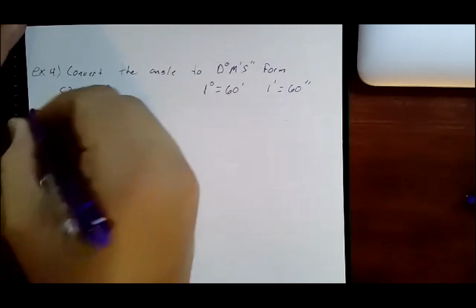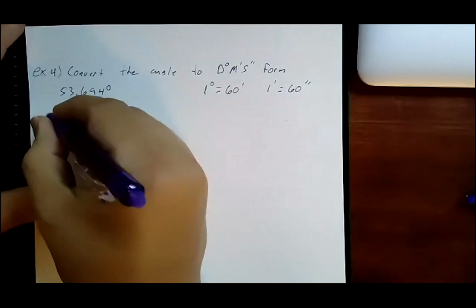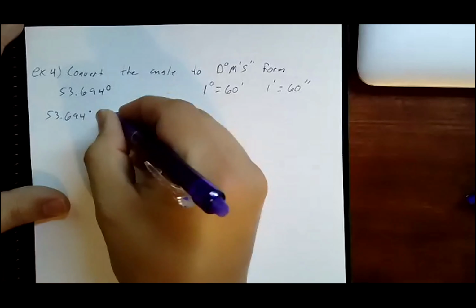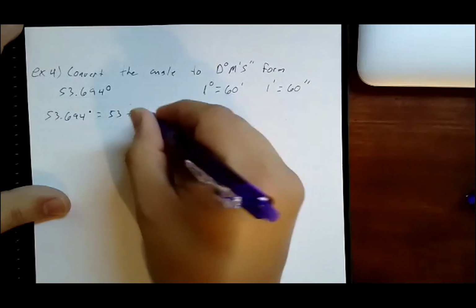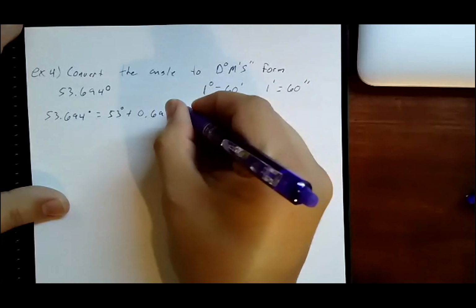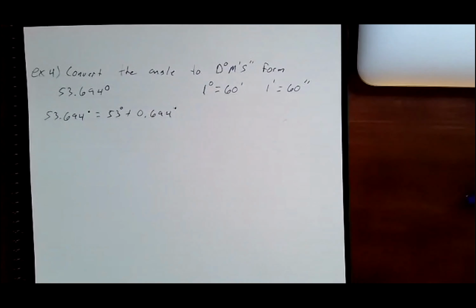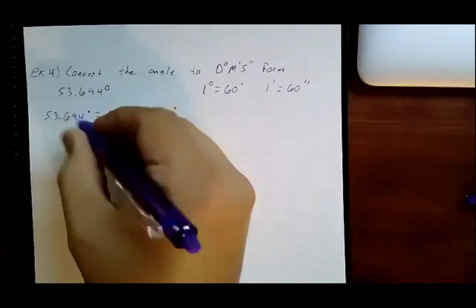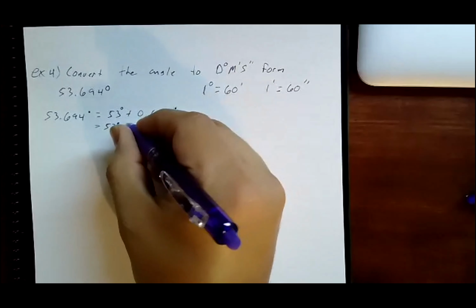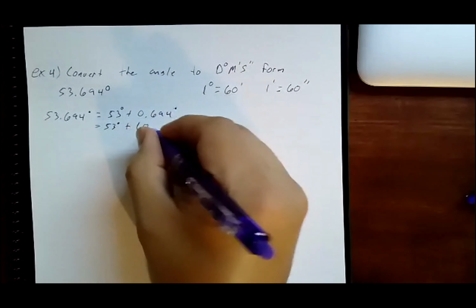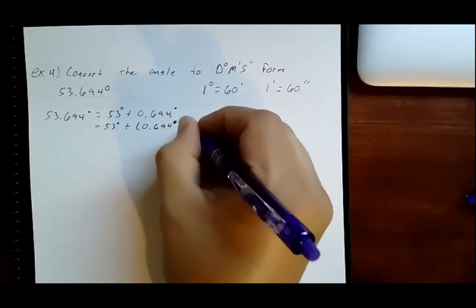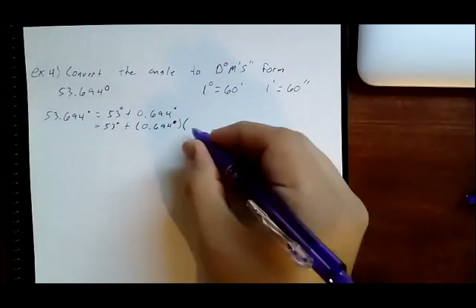Okay. So remember, 53.694 degrees is the same as 53 plus 0.694. Both are degrees. So we're going to deal with the 0.694. So 53 degrees plus, multiply the 0.694 times 60 minutes.